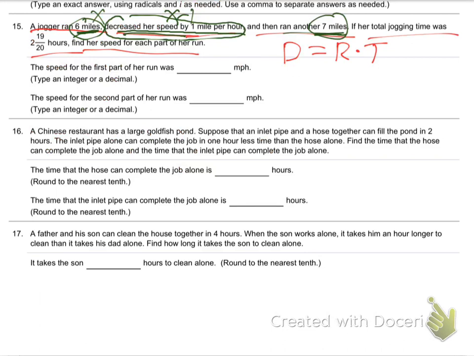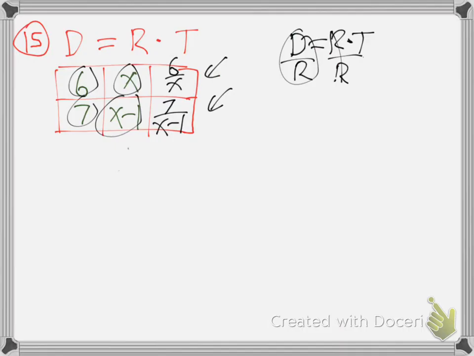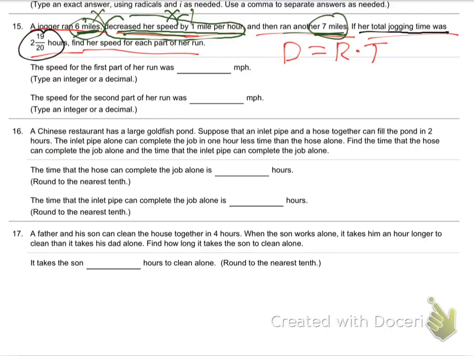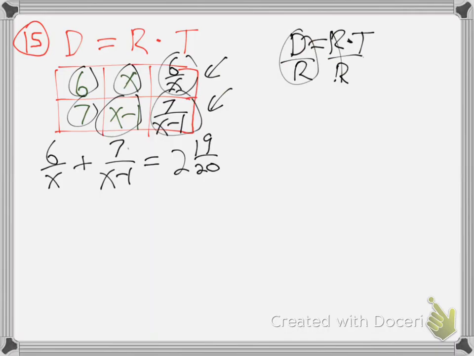Okay, now, total jogging time, 2 and 19/20 hours. That's the total of those 2 boxes, right? Add them up. The total of those 2 must be 2 and 19/20. That's what they're saying. There's our equation.